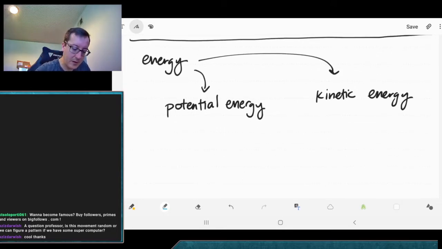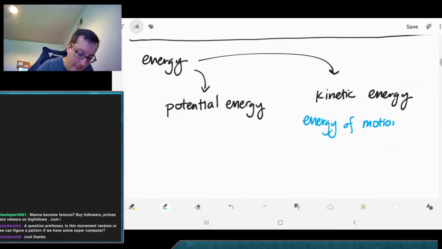So, all right, in terms of potential energy, actually, let's talk about that second. Let's do kinetic energy first. Kinetic energy is energy of motion. So something that is moving has a certain amount of energy associated with it, right? And if I remember correctly, kinetic energy is 1/2 mv squared.